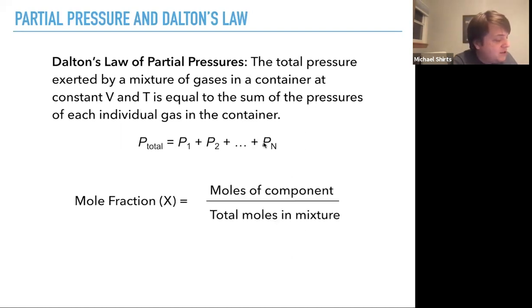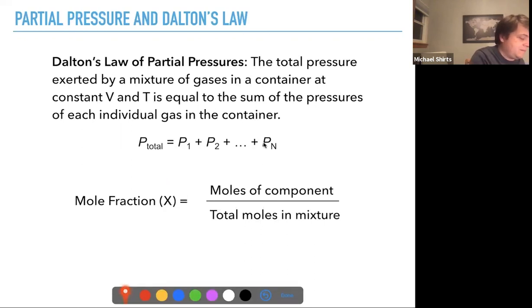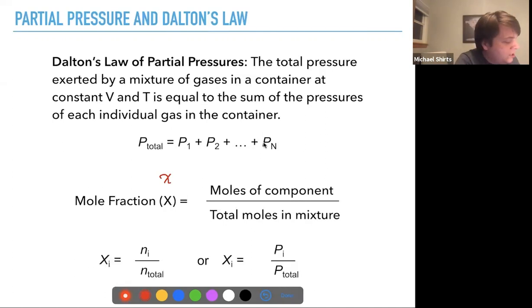So some of the notation here: the mole fraction, usually written as X or sometimes a Greek psi, we'll see both of those, is the moles of the component divided by the total moles of the mixture. So the sum of the mole fractions is going to be 1, because if you add up the mole fractions of each component, that gives you the total moles of the mixture. So you'll see it notated as Ni over N total.